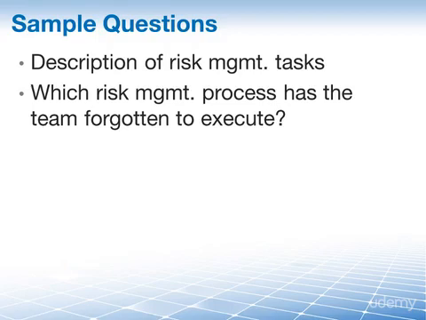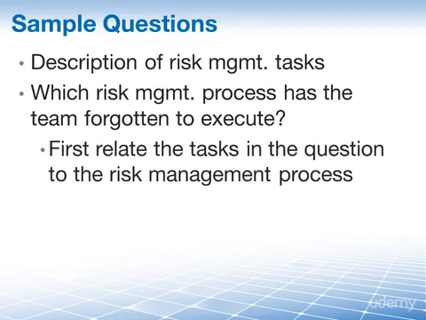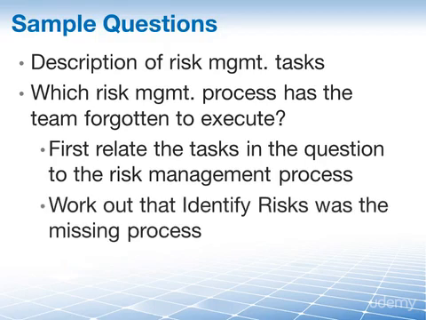So your job was to first relate the tasks in the question back to the 6 risk management processes, and then secondly, you had to work out that identify risk was the one process that they had in fact forgotten. A great way to do that is, of course, by first of all knowing what the risk management processes are and what the activities are that you do there.